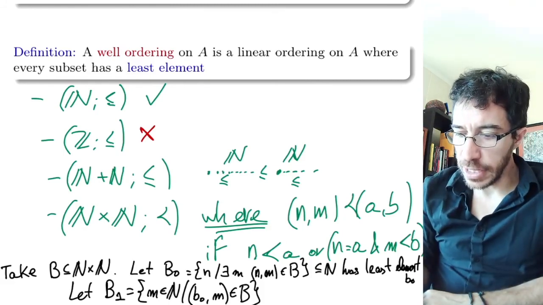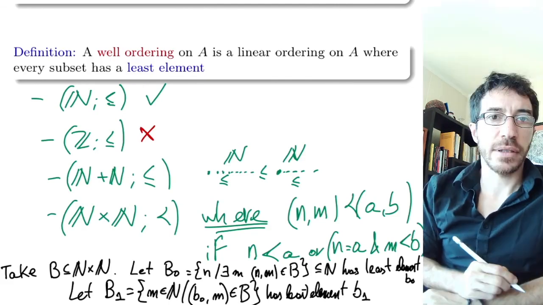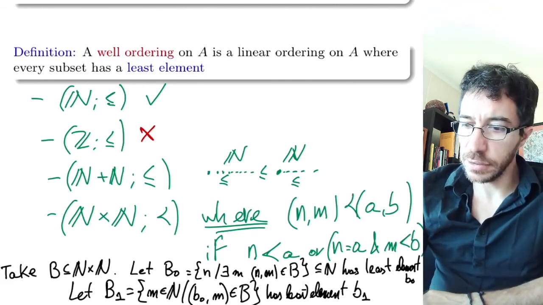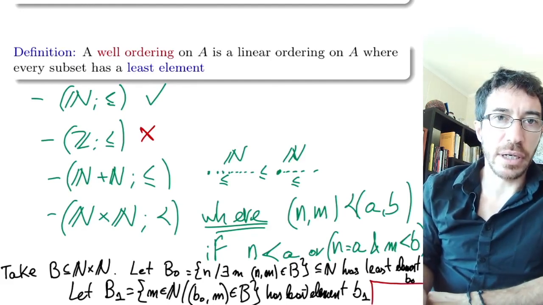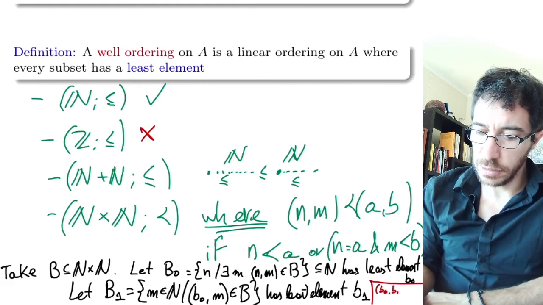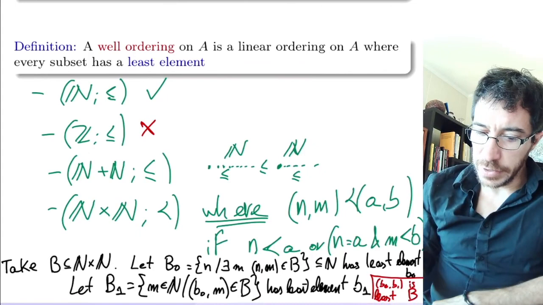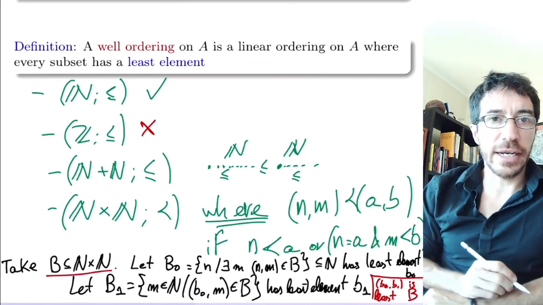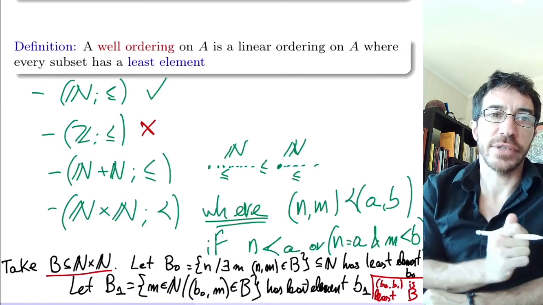That set has a least element because it's a subset of the natural numbers. Let's call it b1. So now what do we get? The pair (b0, b1) is the least element of B. Great, so we started with a subset B of n cross n, and we found the least element, first by looking at the first coordinate and then at the second coordinate.